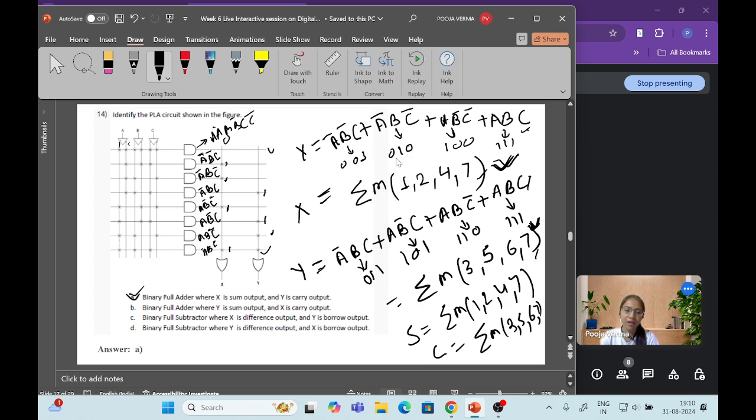There are other ways also to check and solve it. Otherwise you can directly solve it here, or you can check it from min terms, because you have to remember all the min terms related to half adder, full adder, full subtractor and half subtractor, so that you can directly write it down.